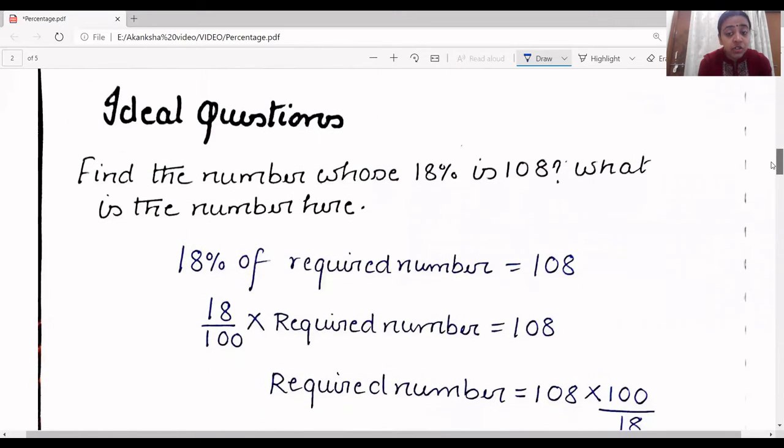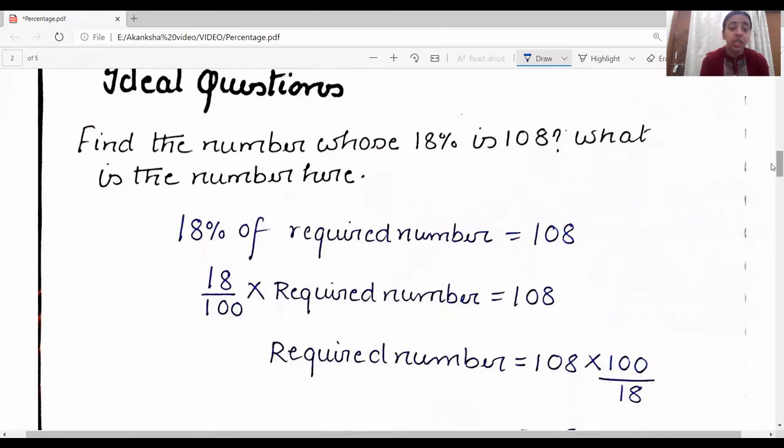Now moving to more questions on percentage. This is another ideal question that is often asked: find the number whose 18% is 108. So what is the number here? Again, let me repeat the question. We are supposed to find the number whose 18% is 108.